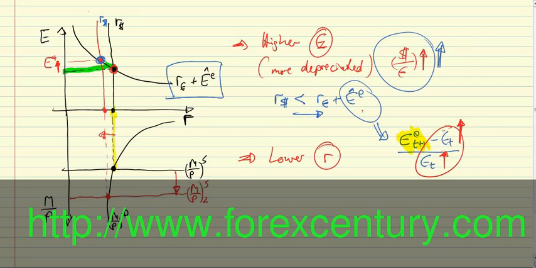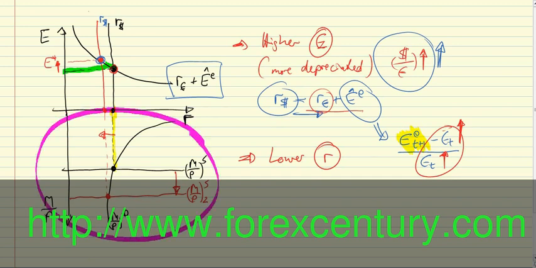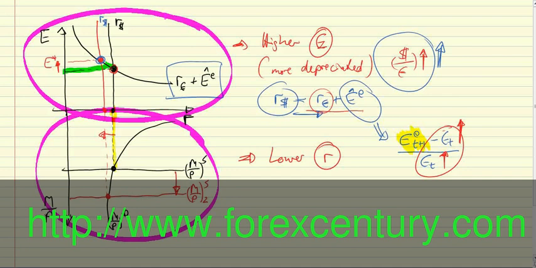So the sum of the now lower depreciation in the future and the unchanged euro interest rate will again be equal to the lower dollar rate. And just like that, the domestic financial market and the foreign exchange market interact to determine interest rates and exchange rates.